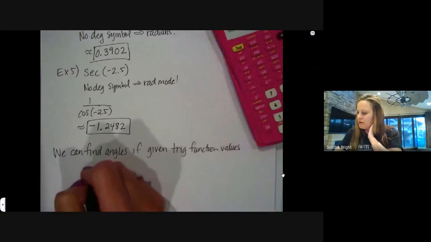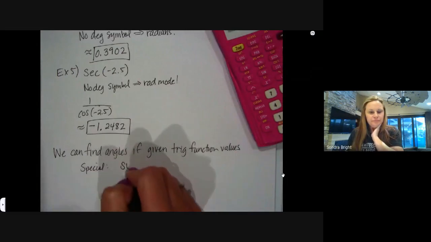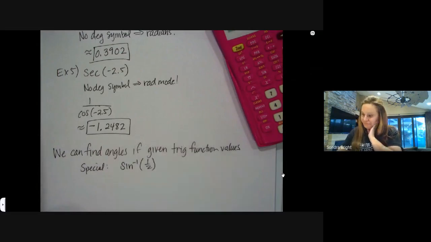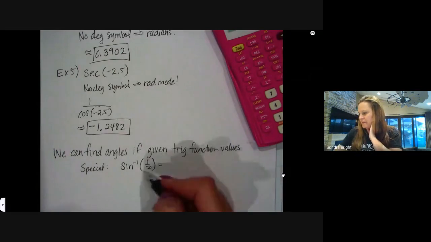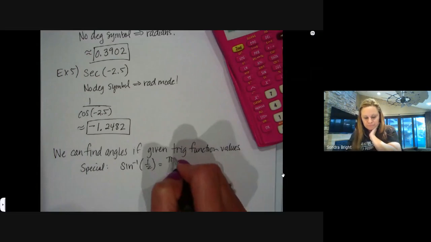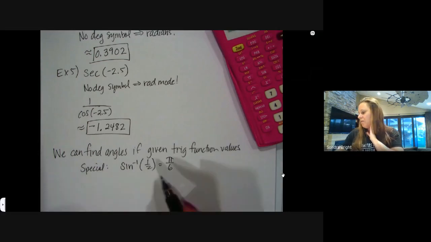I could say to you, what's inverse sine of 1/2? And you knew that would be the short triangle, and you would write, oh, that's pi over 6 or 30 degrees, if it was in degree mode. And things like that. So remember, that's what inverse sine is. That's your ratio. That's your angle.